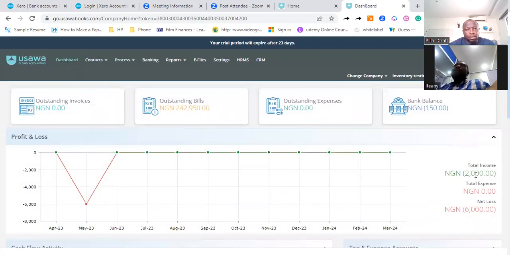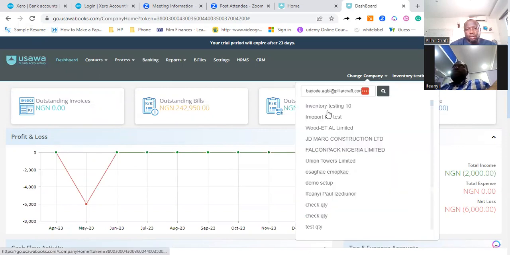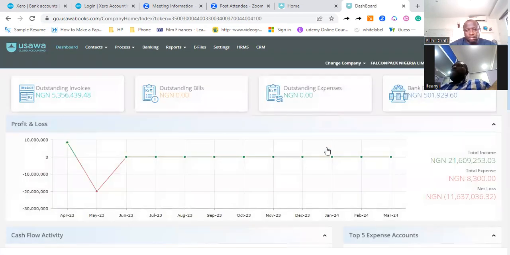Let me go to your account and see. With your permission, can I enter your account? Please do. Also, I noticed that the system takes an average of all inventories.